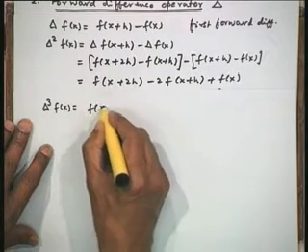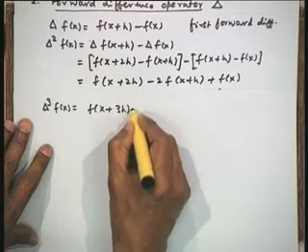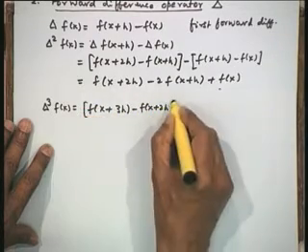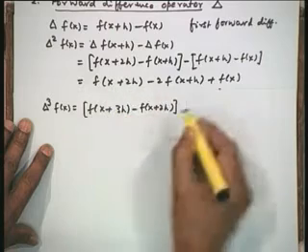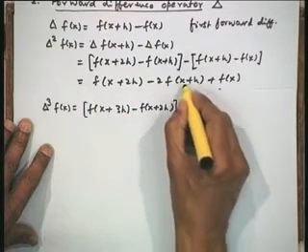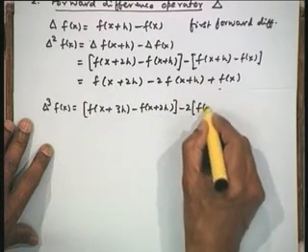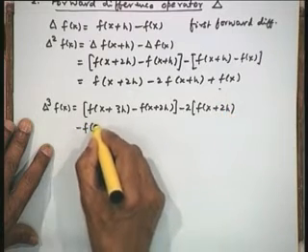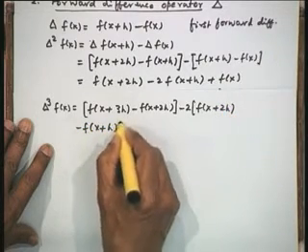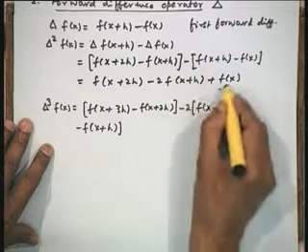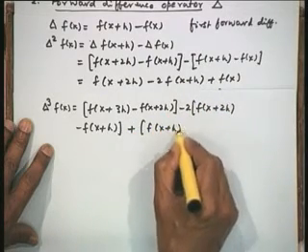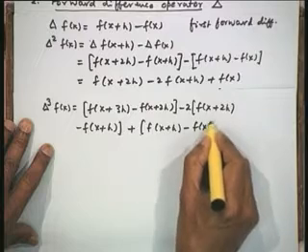I will have f of x plus 3 h minus f of x plus 2 h, that corresponds to this term, minus 2 times f of x plus 2 h minus f of x plus h, that corresponds to this, and corresponding to this we have f of x plus h minus f of x.